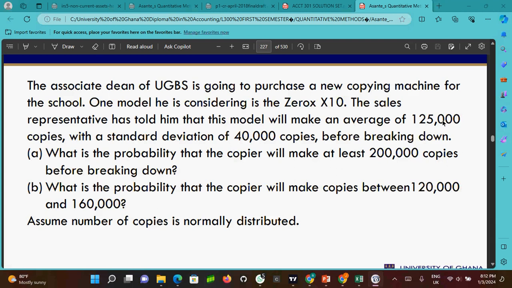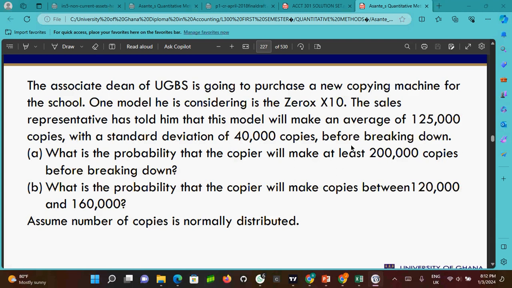Point A: What is the probability that the copier will make at least 200,000 copies before breaking down? Point B: What is the probability that the copier will make copies between 120,000 and 160,000? Assume the number of copies is normally distributed.